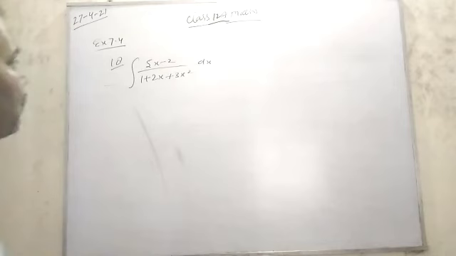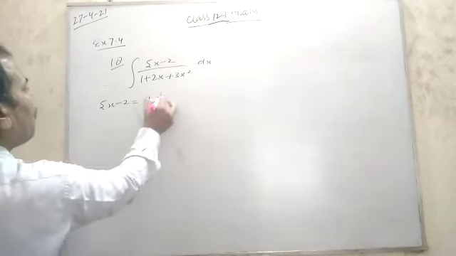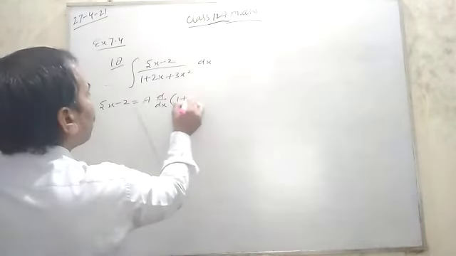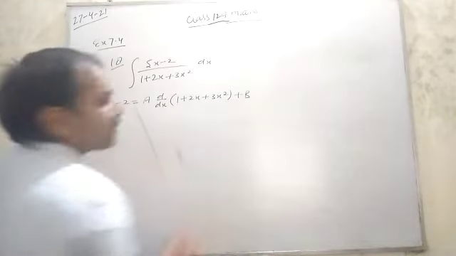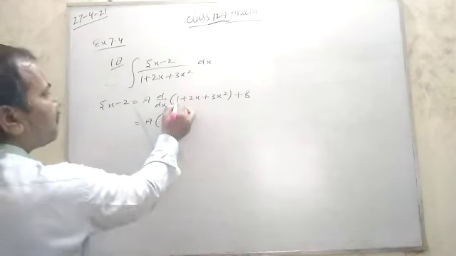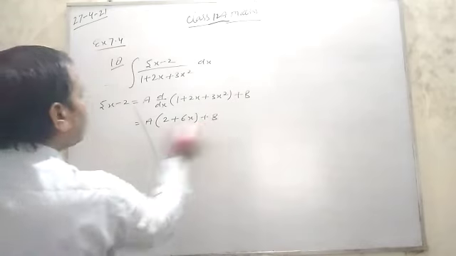This is also not that hard. So suppose 5x minus 2 is equal to a times the differentiation of the denominator, 1 plus 2x plus 3x square, plus a constant b. So a times the differentiation of this: 0, 2 and 6x, plus b.